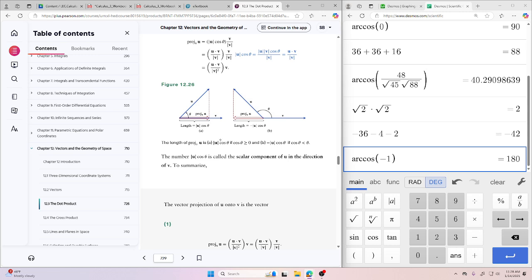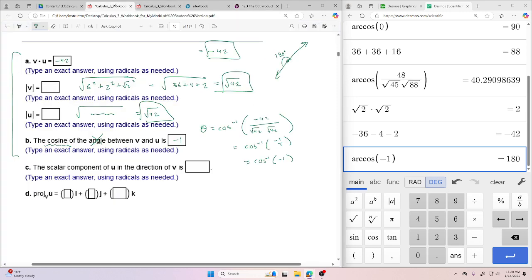And then they go right down to projection. Okay, so magnitude of u times cosine of theta. I'm going to write that down right now. So the scalar component of u in direction of v is magnitude of u times cosine of theta.